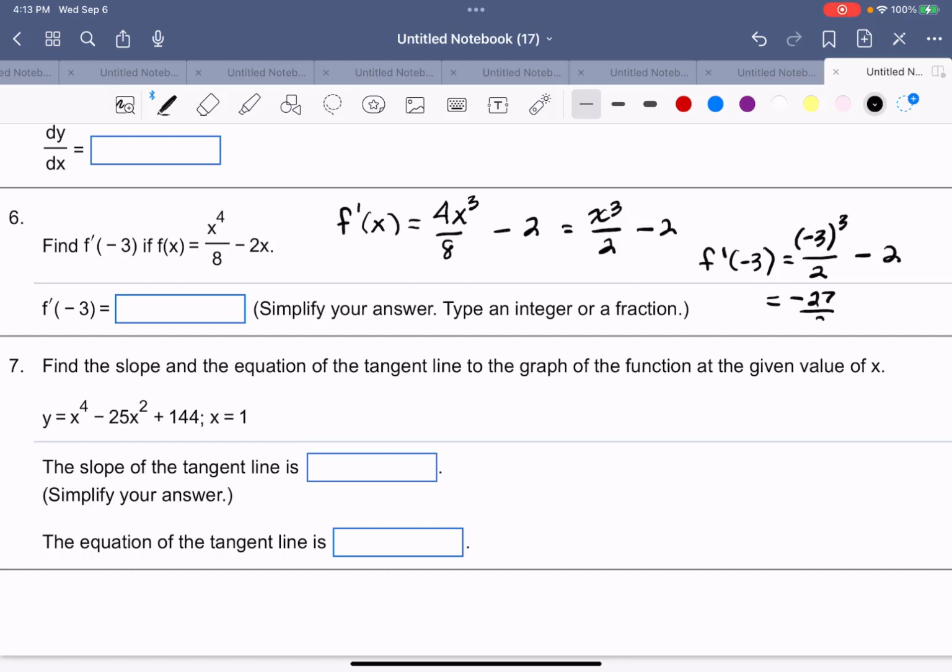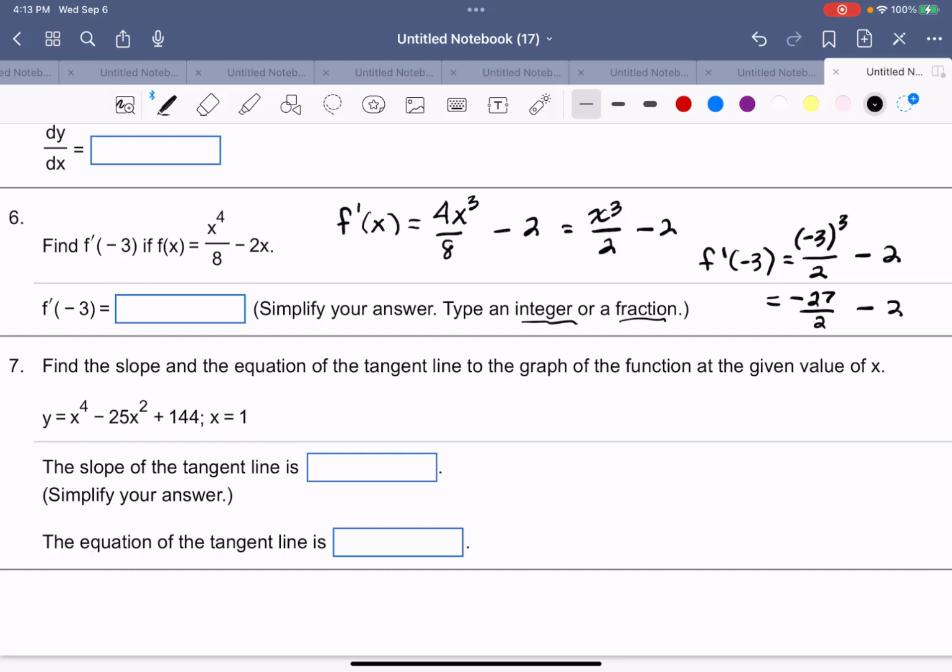-27 over 2 minus 2. You can use the fraction key on your calculator by entering -27 fraction key 2 minus 2. And then you'll have to change it back to an improper fraction, because look, they want an integer or a fraction, not a mixed number.